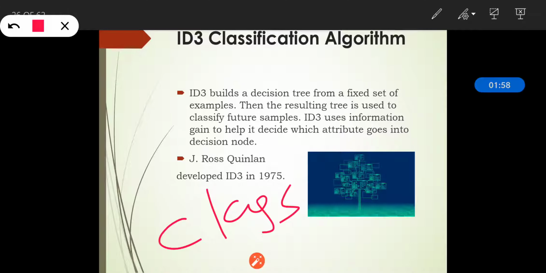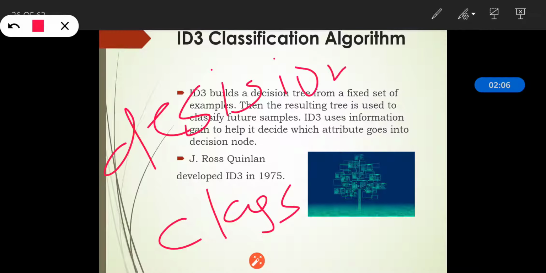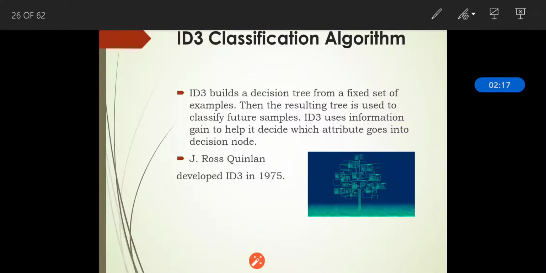The leaf node specifies the class, and the non-leaf node specifies the decision, and that's why it is also called the decision node. The advantage of learning a decision tree is that rather than a knowledge engineer, it elicits the knowledge from the expert. This decision tree algorithm was developed by J. Ross Quinlan in 1975 at the University of Sydney.